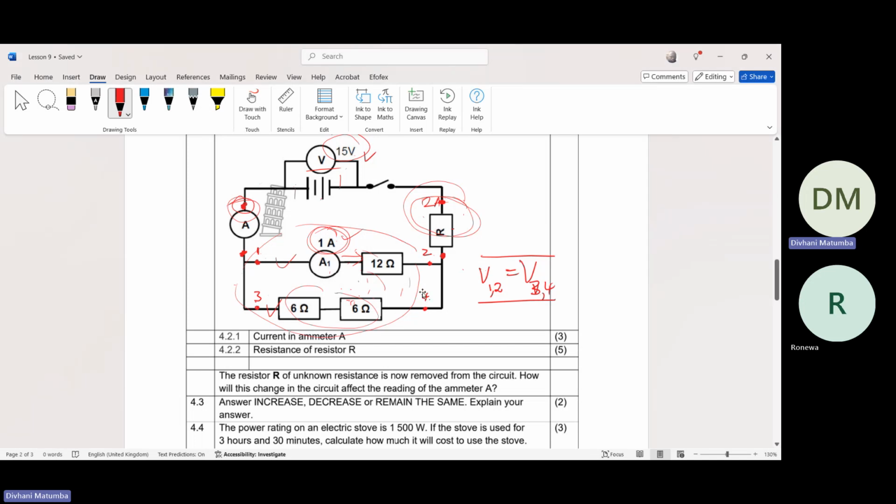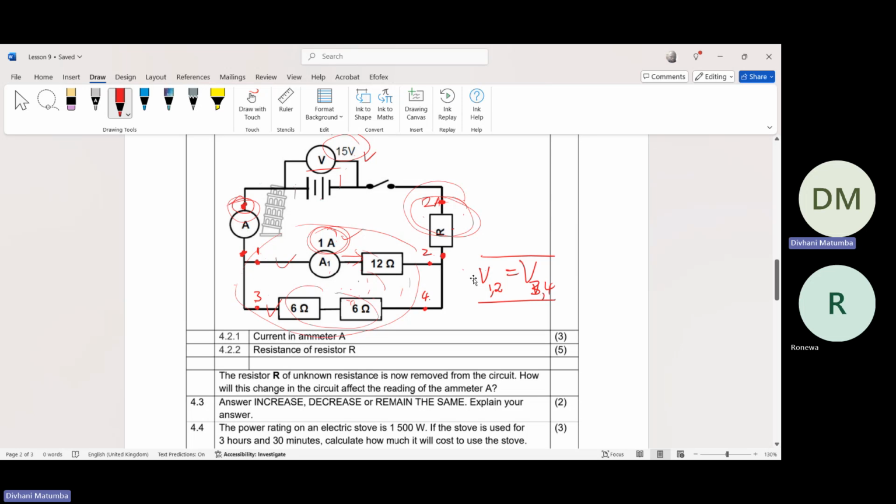From what we did previously, the potential difference across points 1 and 2 is the same as the potential difference across points 3 and 4.